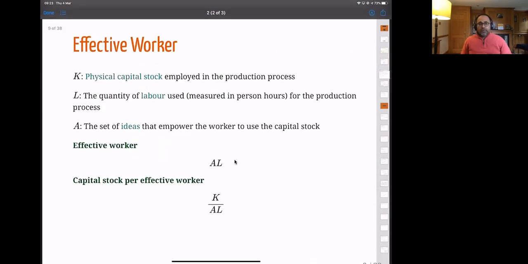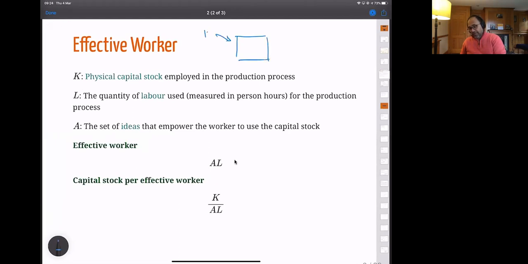Now we're going to talk about the reason we're talking about the growth rates being added up if the variables are multiplied. The reason is because we're going to define something called an effective worker. So we introduced this idea that a production process is basically a black box. So a production function is like a black box.